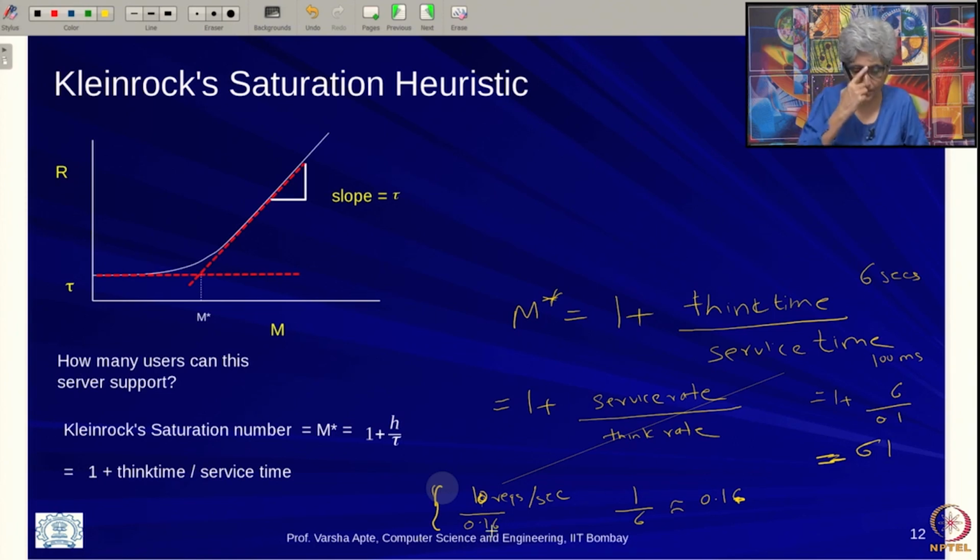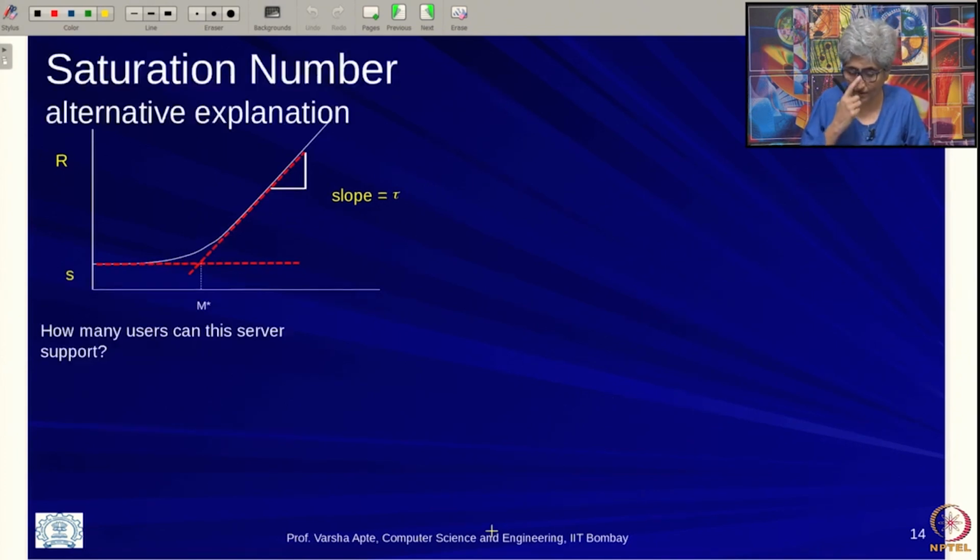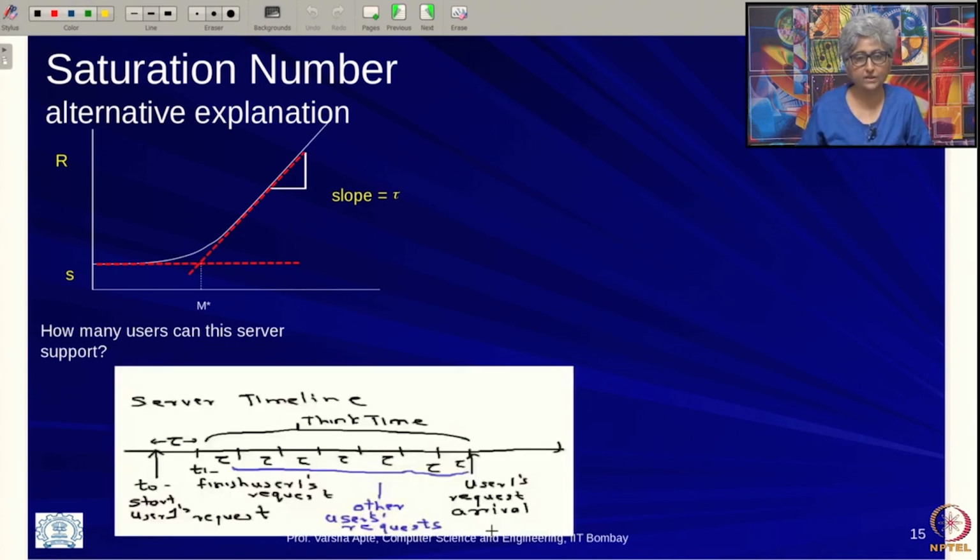There is one more explanation of the Klein-Knox saturation heuristic. That is an interesting explanation. This is to think of it from a server timeline angle, and I will tell you what that is. This is basically a depiction of the server timeline. What is it showing?